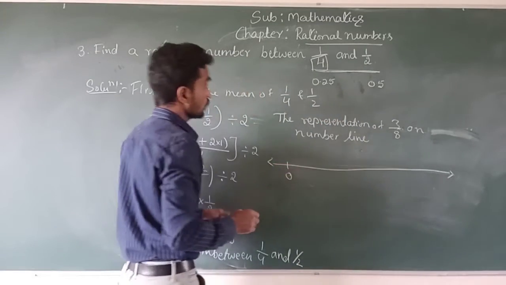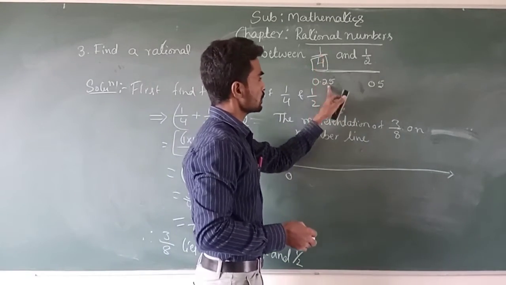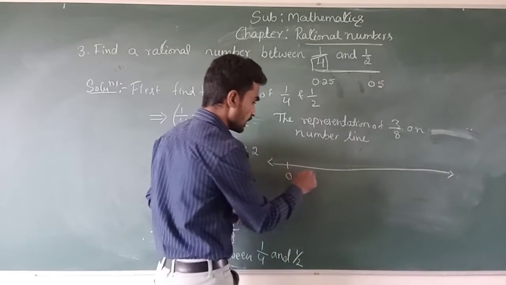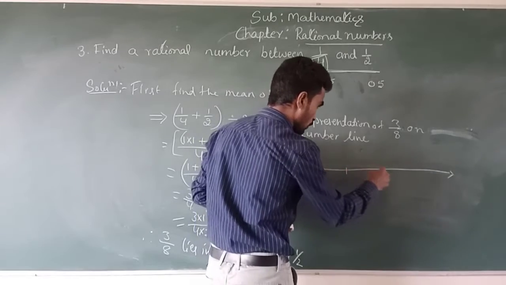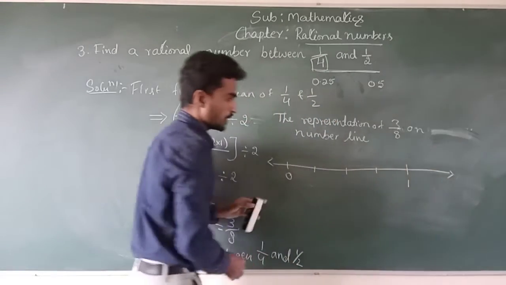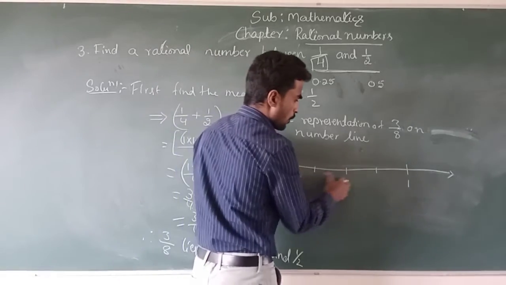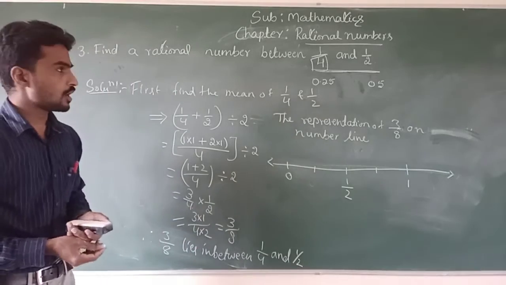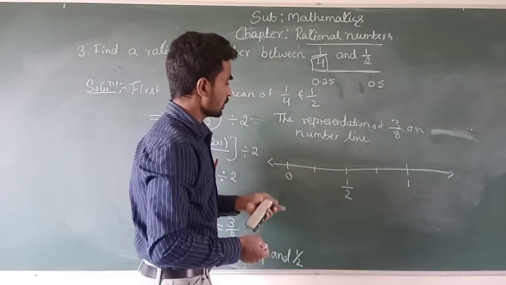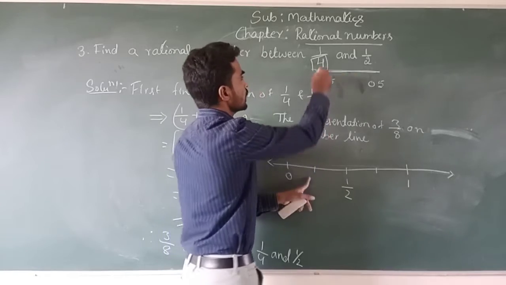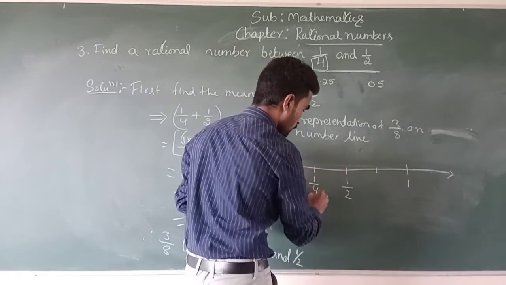Find 0. Now the value of 1 by 4 is 0.25 and 1 by 2 is 0.5. Divide this line into 4 equal parts. Then this is 0, this is 1. Then half of this line is 1 by 2. Now again we divide this line, we get 1 by 4.